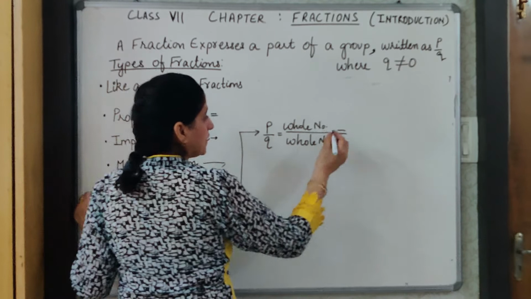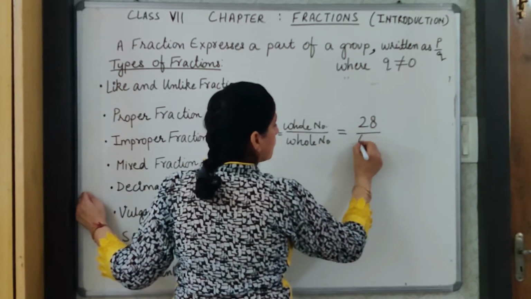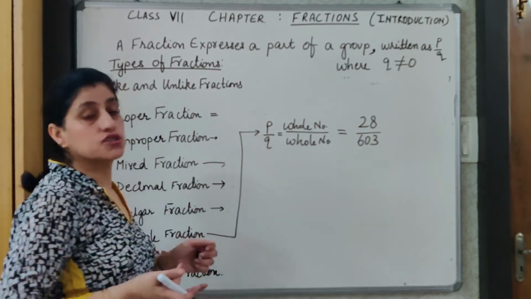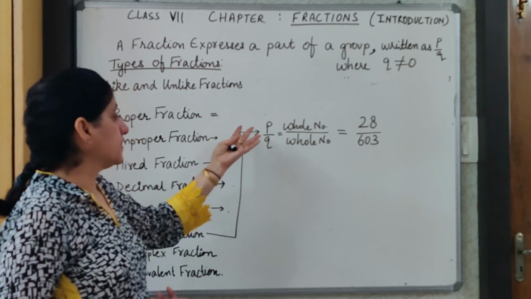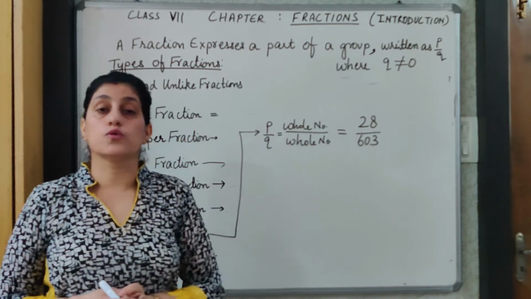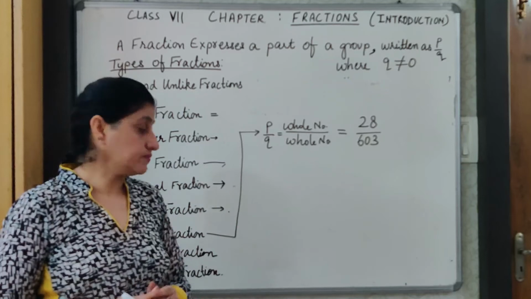To write the number, I can take anything, say 28 upon 603. Now 28 is a whole number, 603 is also a whole number. So any fraction which has both the numerator and the denominator as whole numbers will be called a simple fraction.